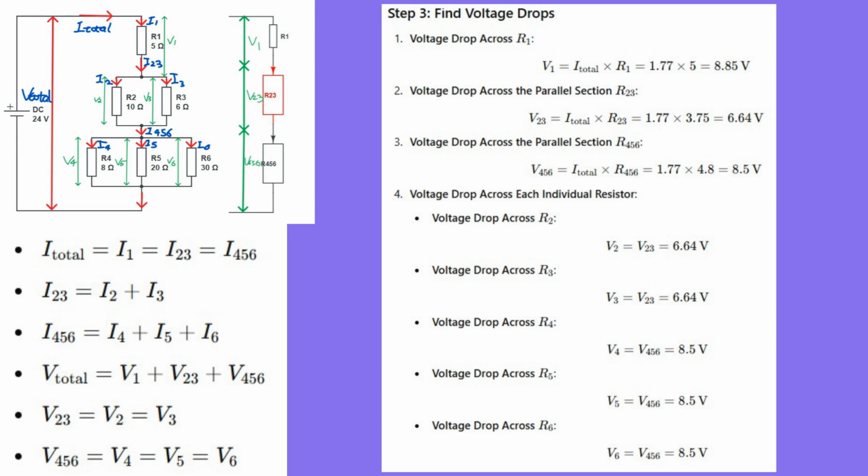V23 equals I23 times R23, and we know I23 equals I total equals 1.77 amperes and R23 equals 3.75 ohms, so V23 equals 6.64 volts. Similarly, we can get V456 equals 8.5 volts. From those relationships we got before, we know V2 equals V3 equals V23 equals 6.64 volts, and V4 equals V5 equals V6 equals V456 equals 8.5 volts.